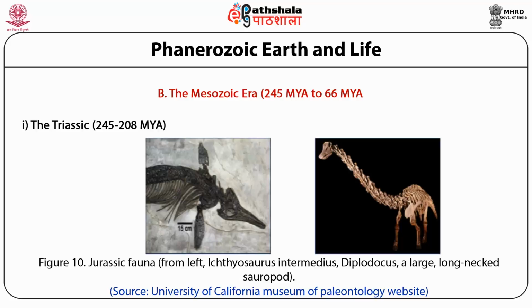The major geological event of the Triassic period was the beginning of the fragmentation of the Pangaea supercontinent to form Gondwana, that is South America, Africa, India, Antarctica and Australia in the south, and Laurasia, that is North America and Eurasia in the north. Triassic climate was warm, temperate to tropical.